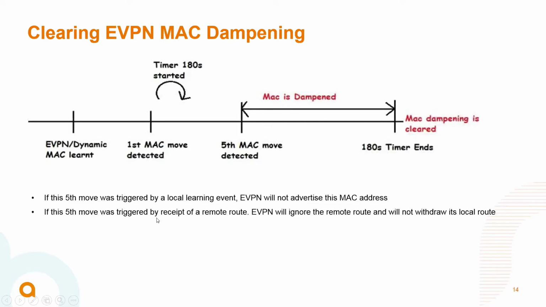Now, if this MAC move is triggered by the receipt of a remote route, EVPN will ignore that remote route and will not withdraw its local route. Once the MAC dampening gets cleared, it will acknowledge that remote route and withdraw the local route which it had advertised before.